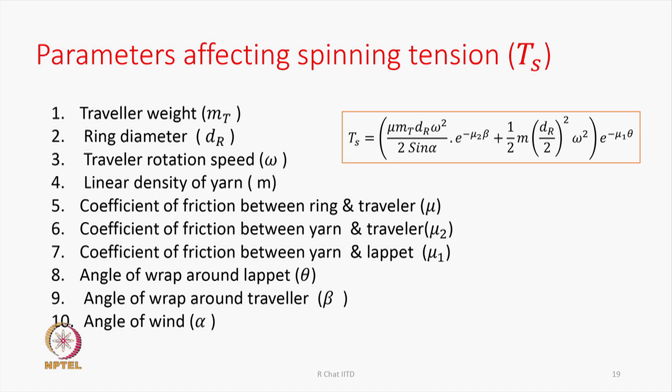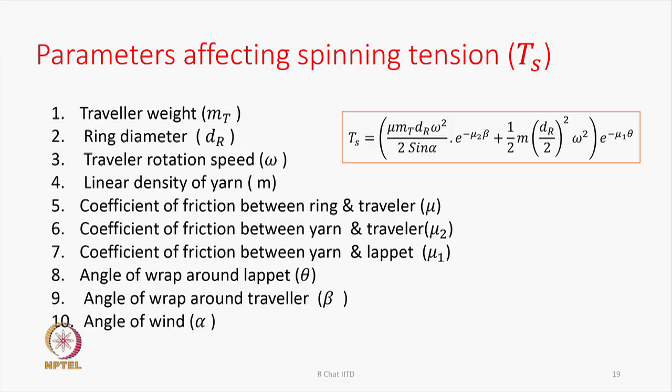So though the rest of the parameters, 1 to 7, remain fixed for a given situation, all these angles, alpha, beta and theta, keep on changing, and therefore if we try to measure and record the spinning tension, we will find that it is continuously fluctuating. Therefore, we always try to reduce the mu values.